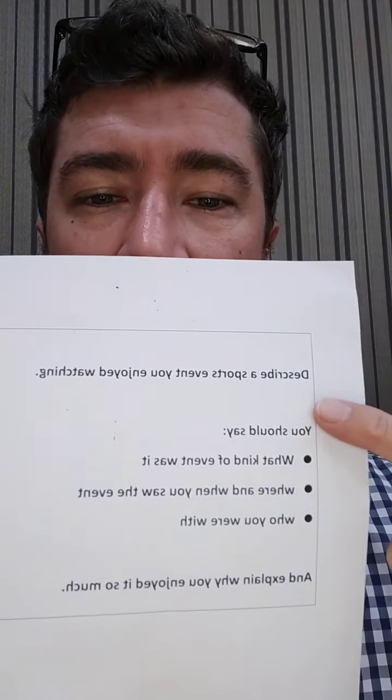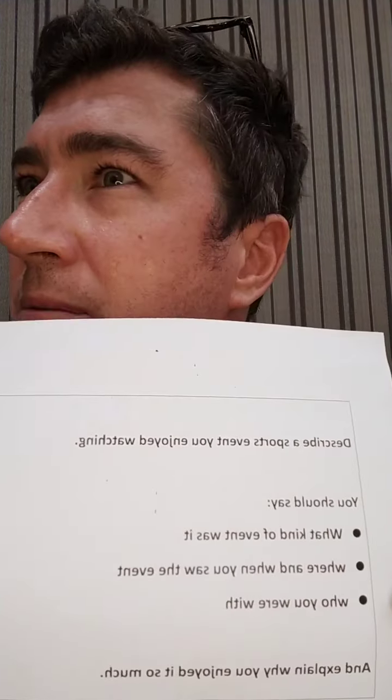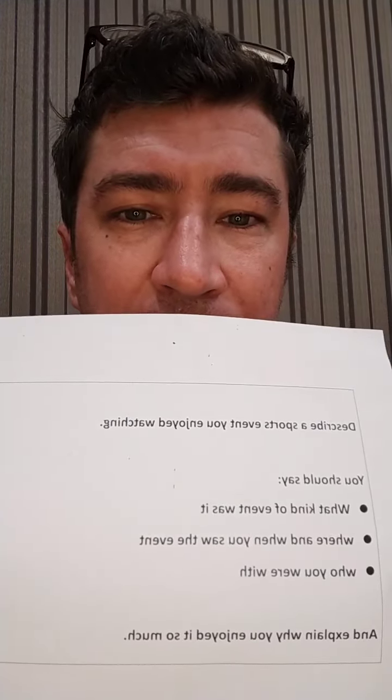And then there are a few guideline things to talk about. But the main question, the thing we're focusing on, is describe a sports event you enjoyed watching. Notice that it says enjoyed, that's past tense, so something you've watched in the past.